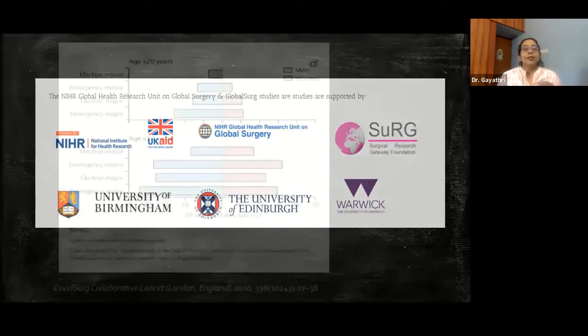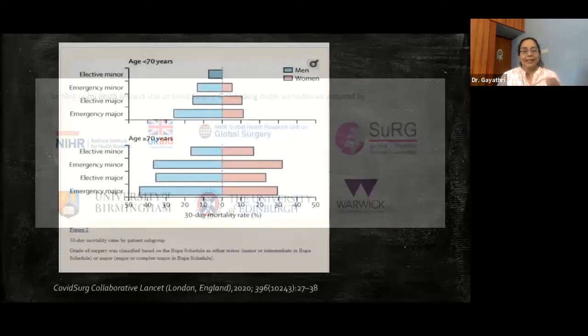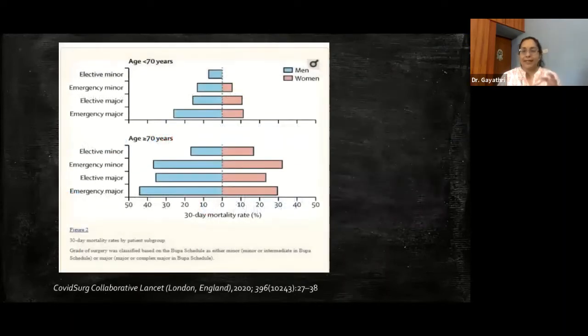Now, one of the major publications presented by this collaborative group came out in the Lancet. It talks about age and the complications when patients undergo surgery.